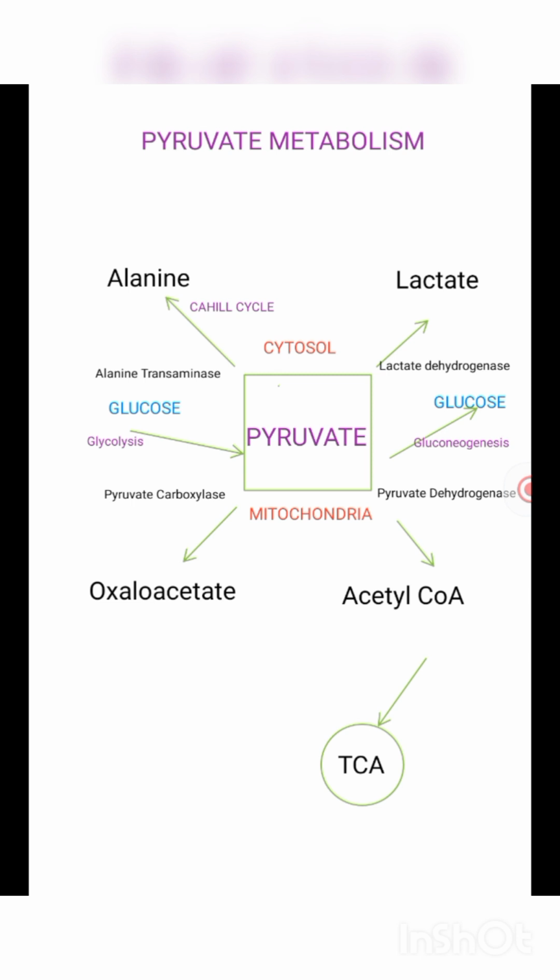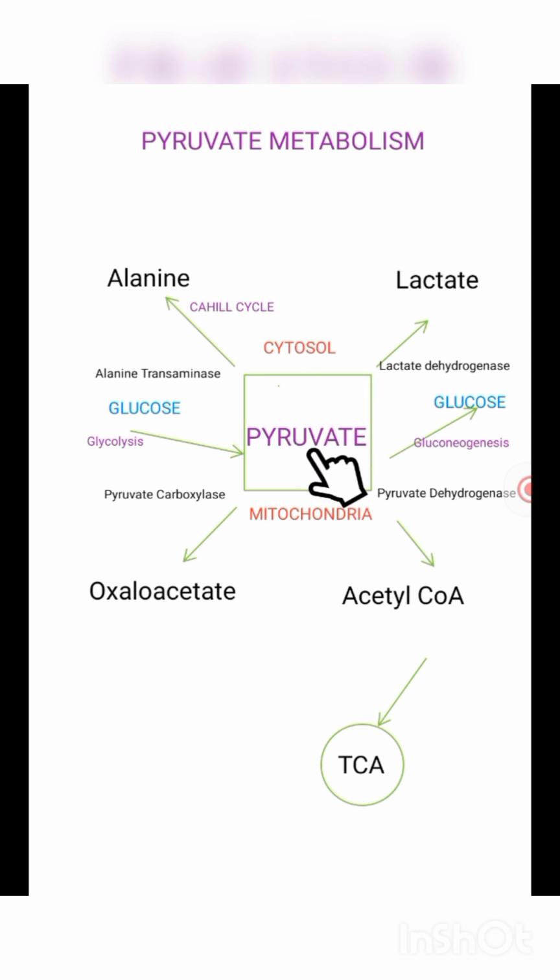And today we look at pyruvate metabolism, which simply talks about how pyruvate is converted to glucose and also how glucose is converted to pyruvate. So mainly we know, after looking at the 10 steps of glycolysis, we saw how glucose is converted to pyruvate.